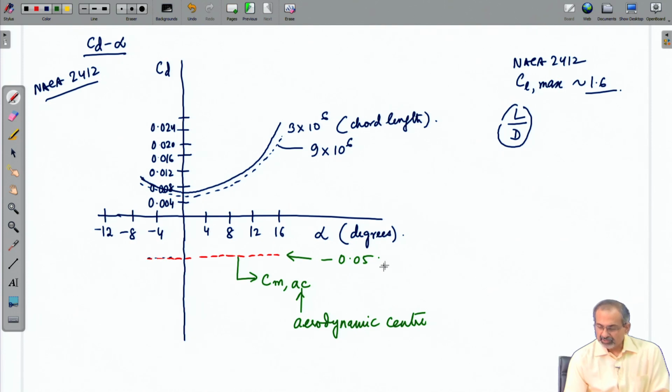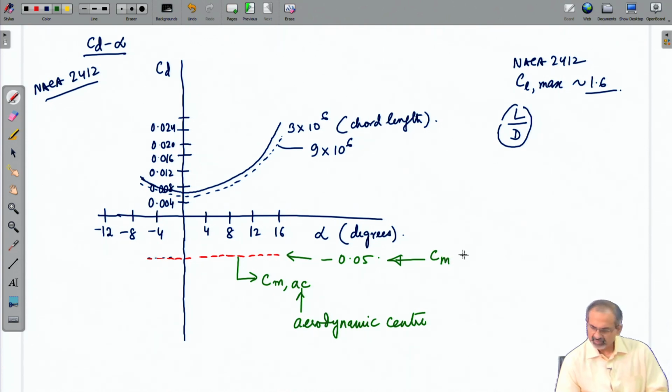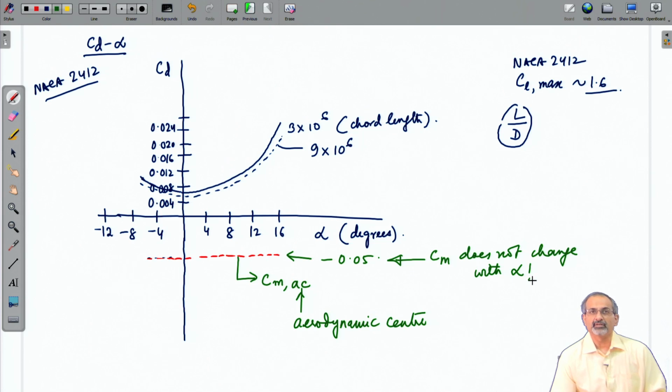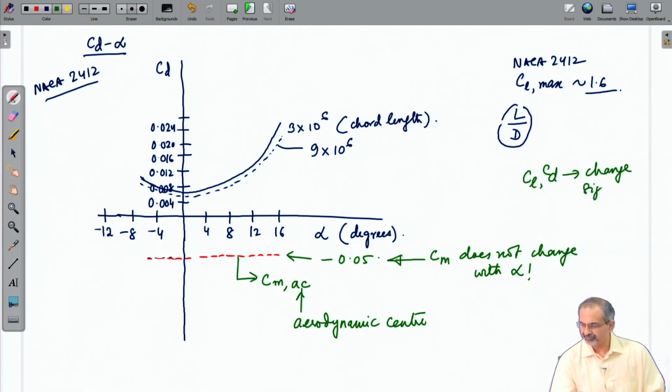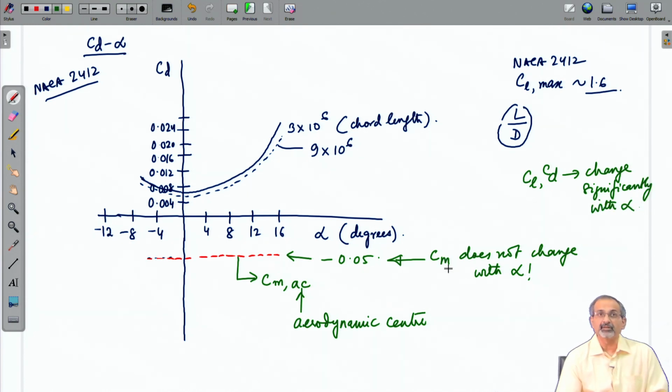The important thing that we notice over here is that CM does not change with alpha, which is quite surprising, because CL, CD, they do change significantly with alpha, but CM does not.